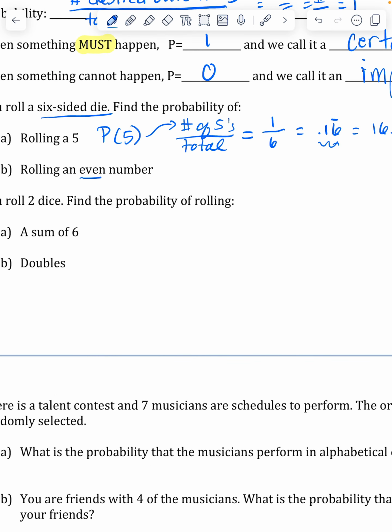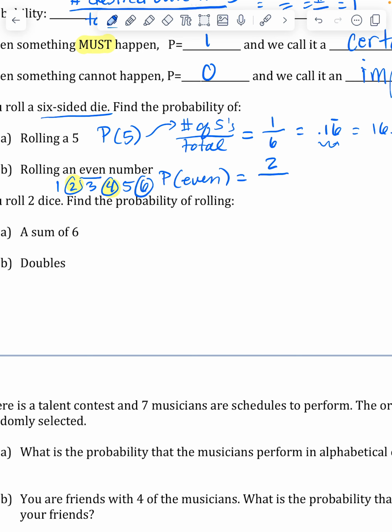Okay, how about an even number? Well, when you roll one die, you get a 1, a 2, a 3, a 4, or a 5. Of those, only 2 and 4 are even numbers. So if I have the probability of rolling an even number, I put the number of possible even numbers, which is 2, because I could get a 2 or a 4, over all the possibilities. Oh, you're rolling dice. Sorry.